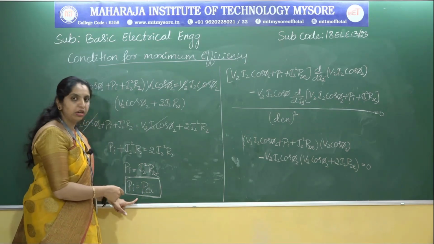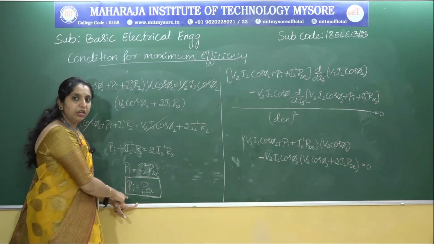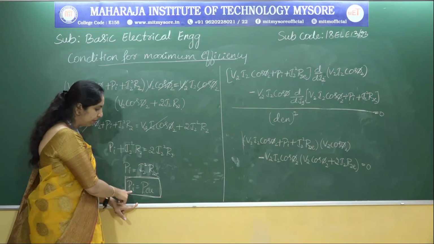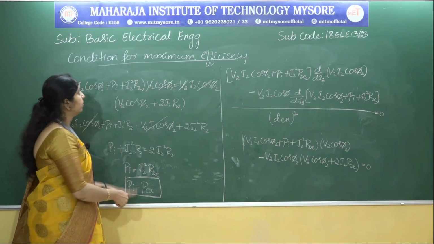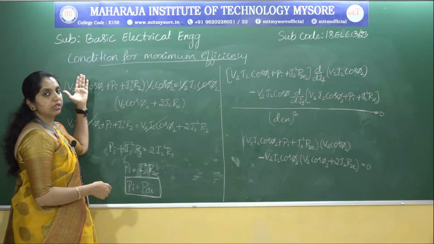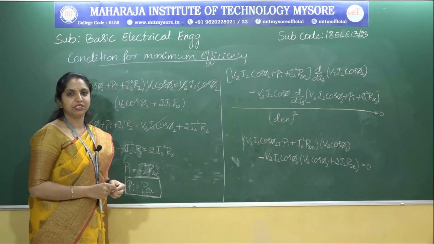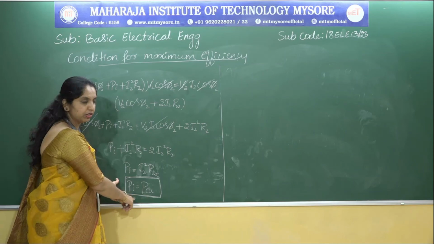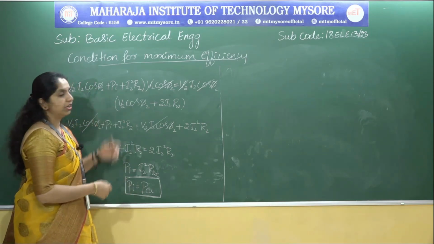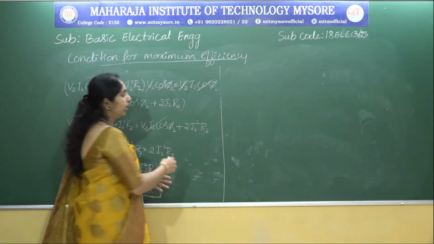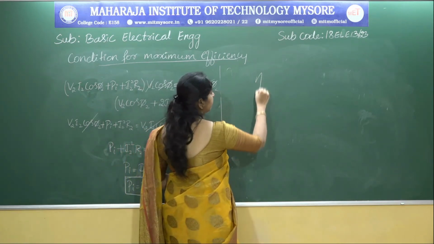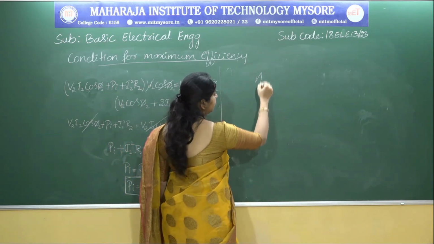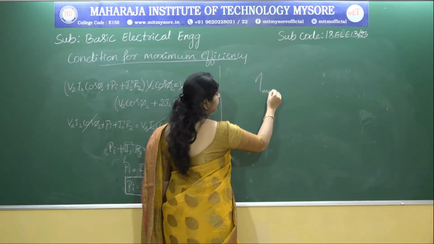This is a very, very important derivation. So finally we need to show that Pi is equal to PCU is the condition for maximum efficiency. Here we have proved iron loss is equal to copper loss, that is the condition for maximum efficiency. And with this condition, we can also express the efficiency at maximum.